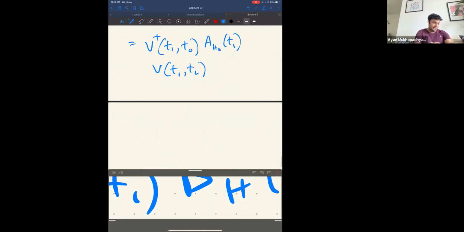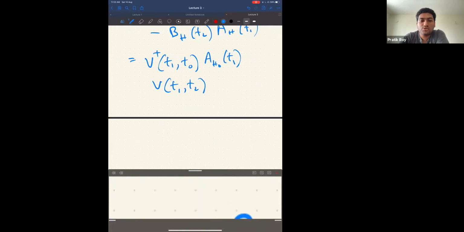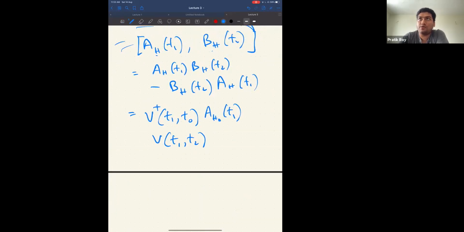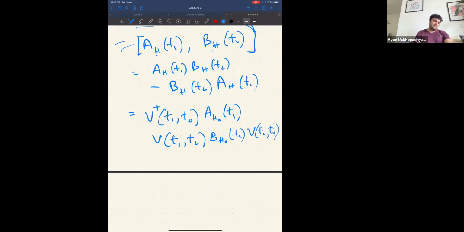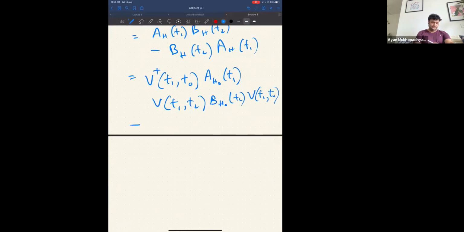Okay, so this is V T1 T2 and B H0 T2 and then V T2 T0. Okay, and then minus a similar expression.